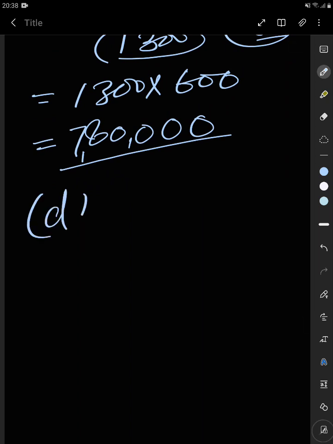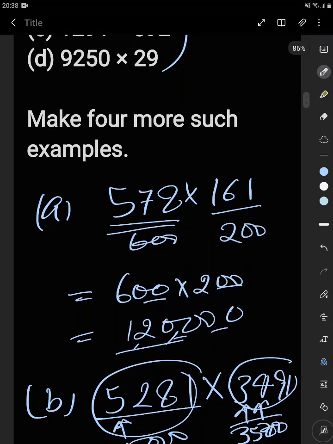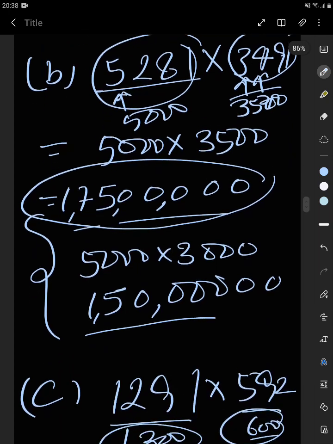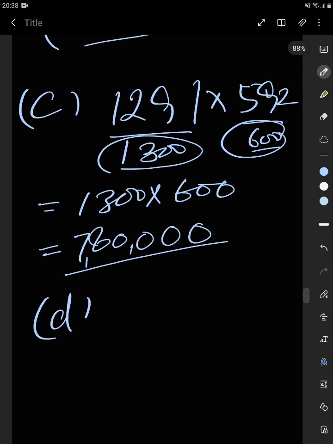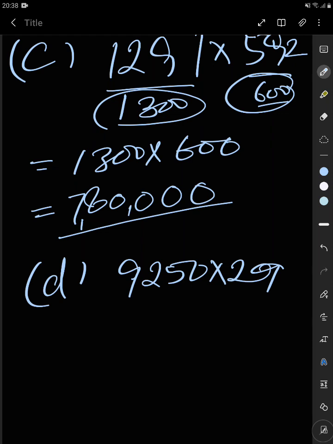Now we have another question, the D part: 9250 into 29. It is very clear that instead of 29 we'll take 30 because it is closer to 30, and for the other number there are many options.